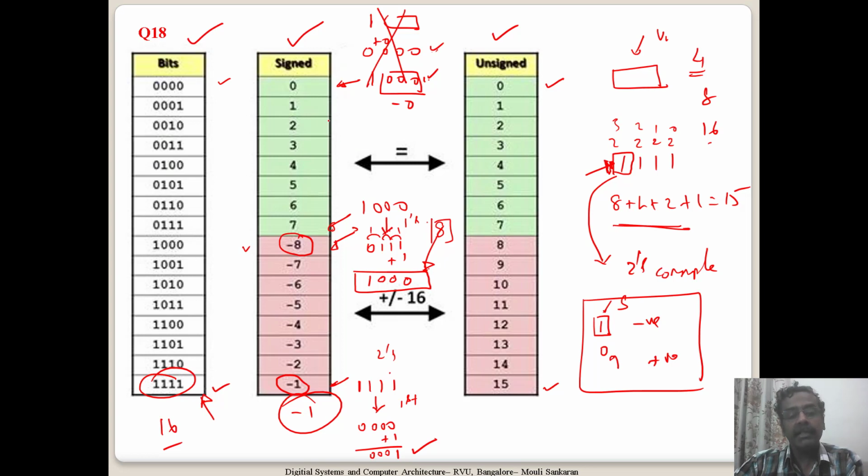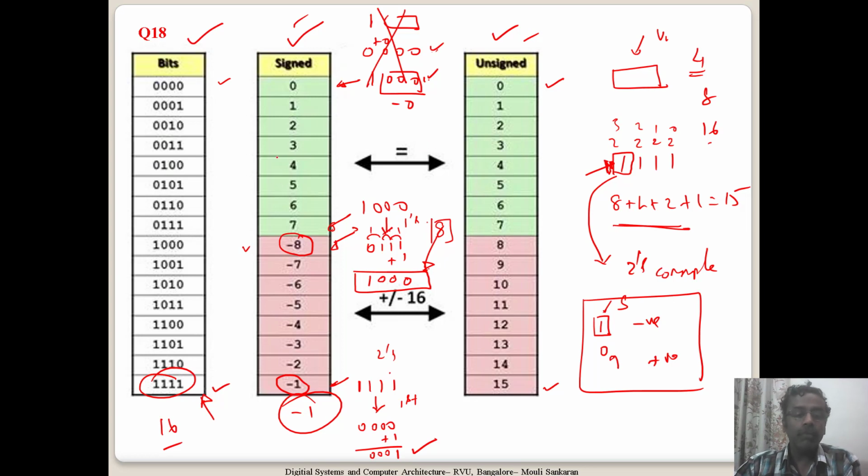The advantage of 2's complement is that we can actually mix both unsigned and signed representation. By looking at the flags, we can decide whether we are performing signed arithmetic or unsigned arithmetic and extract the value. The same hardware can perform both signed and unsigned arithmetic, and based on whether the overflow or carry flag is set, we can assume whether the value you have got is represented within the limits or not. I will explain that to you.